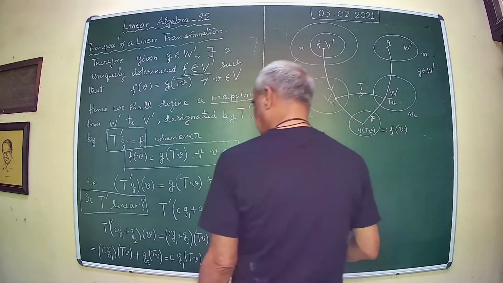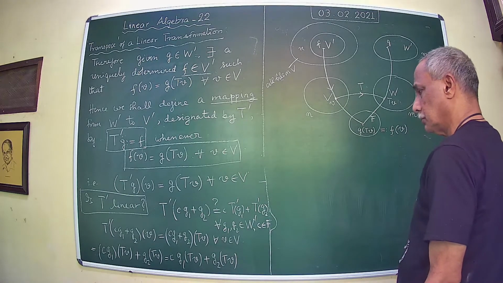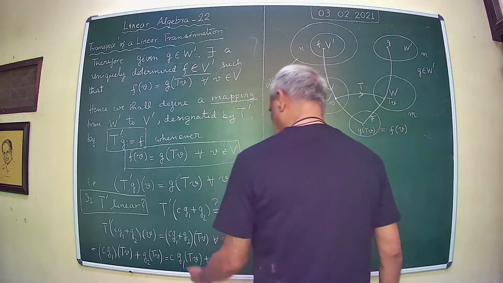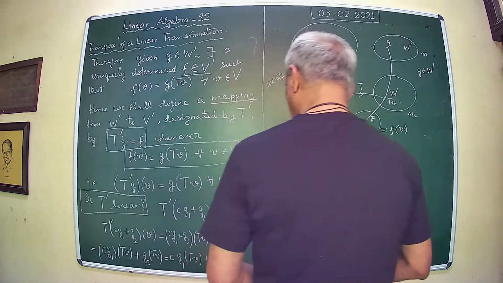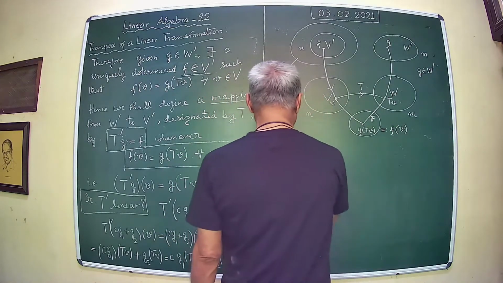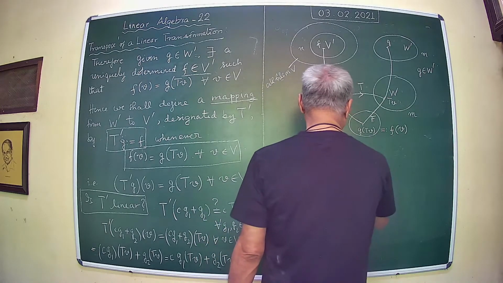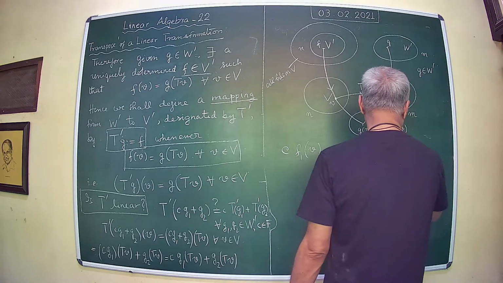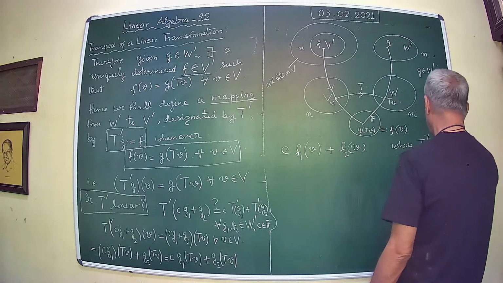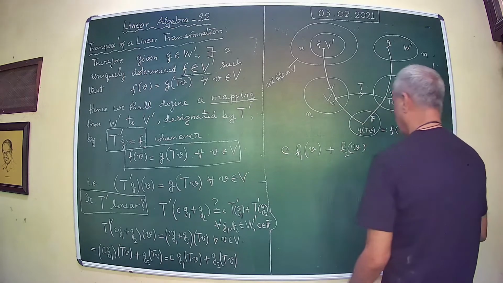That by definition is equal to C times F1 of V. T prime of G1 equal to F2.